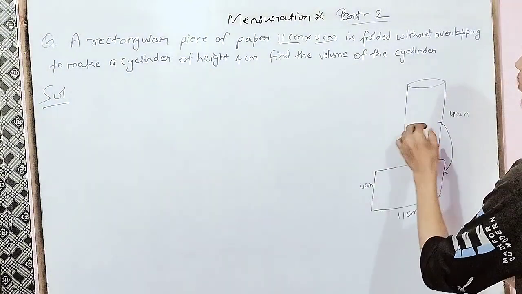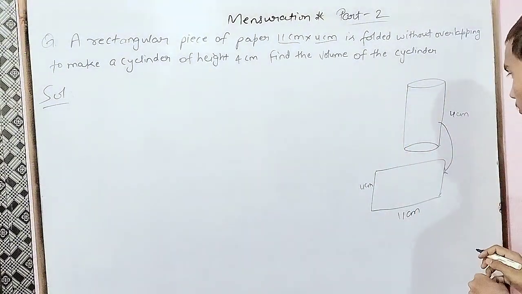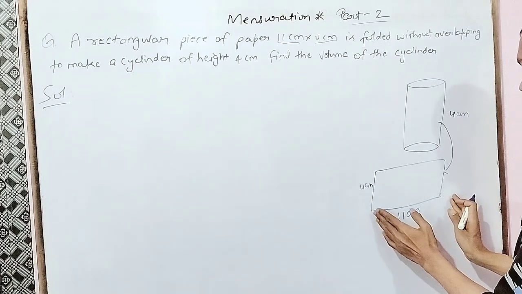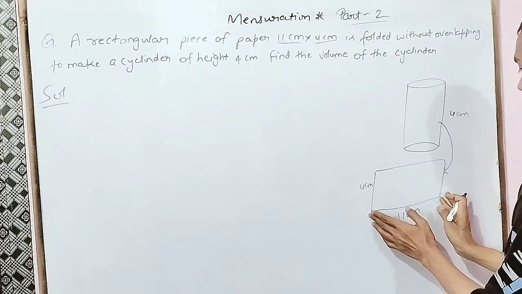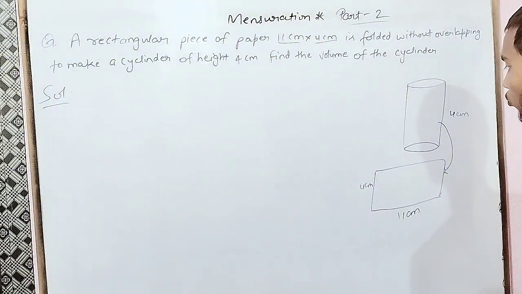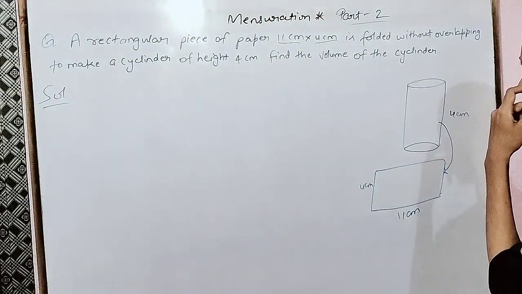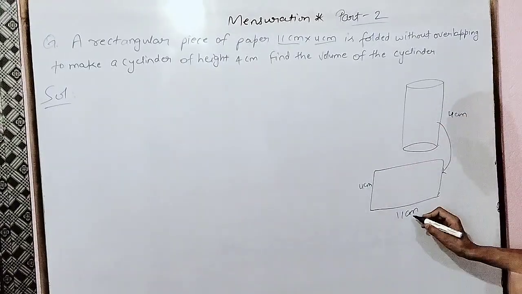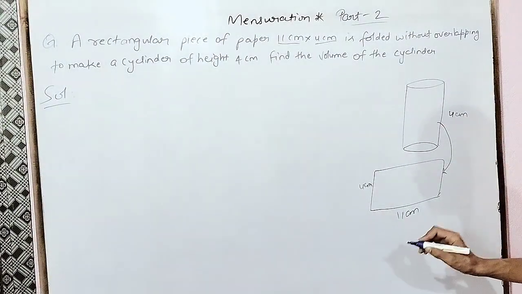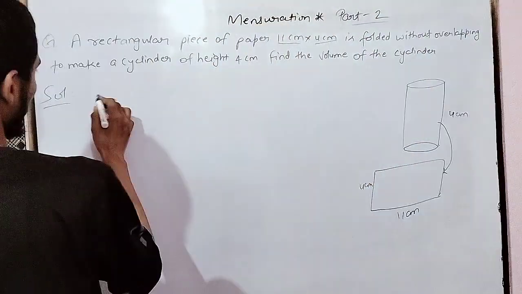So find the volume of this cylinder. We don't have a radius. So can we say 11 centimeter is the total perimeter of this circle?